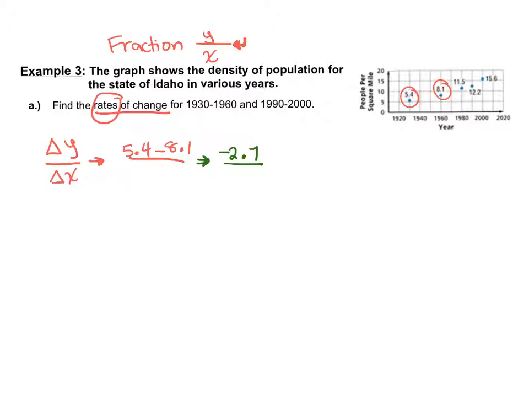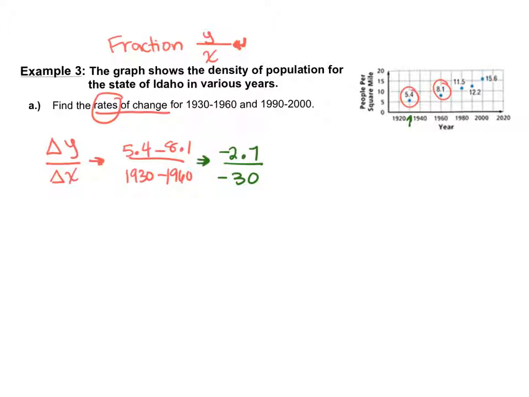The change of x is the years. We went from 1930 to 1960, which is a 30-year span. So the rate of change, we went from 1930 to 1960, that's negative 30, because we're subtracting 1930 and 1960, even though 30 years passed. If you take 1930 minus 1960 physically as a number, they're integers, and you would get negative.